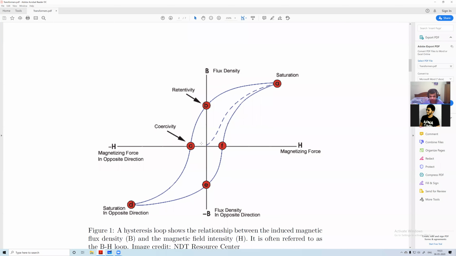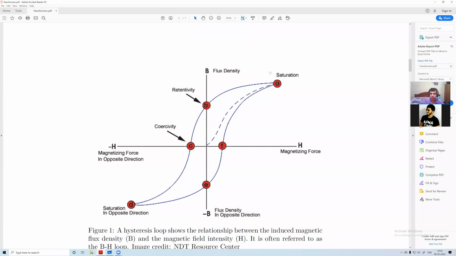See the dotted line, initially. So with H, B increases non-linearly as seen in the dotted line of the curve. Now, if we decrease, it is very interesting to see that B does not follow the dotted line anymore. From 0, it follows the dotted line to reach this point A.